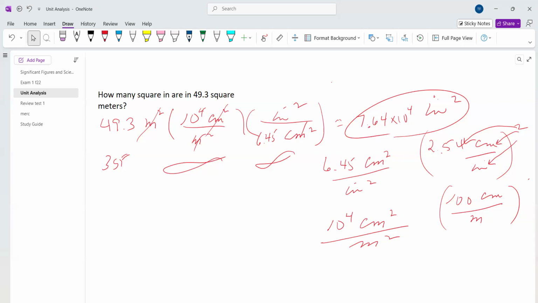Okay. 49. 3. In your calculator. Now, say you did that on the test. I would mark off one point, but you said it's fine.